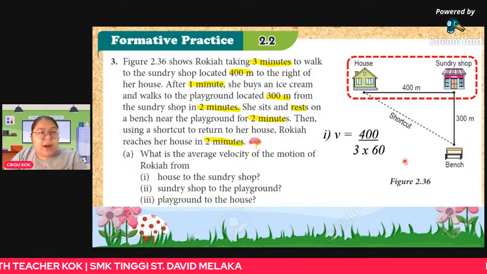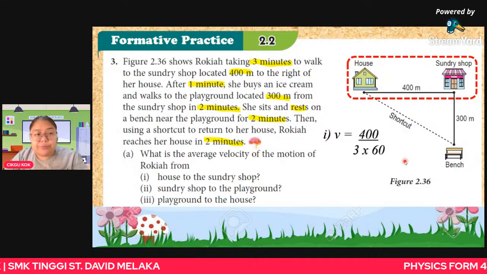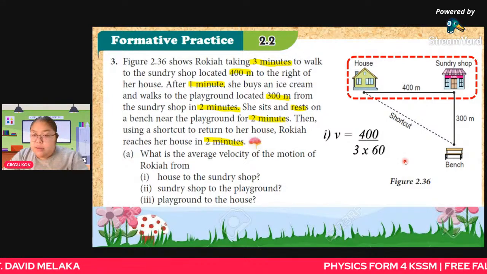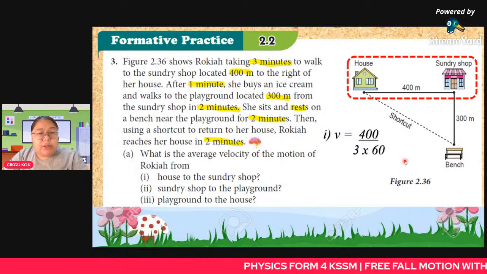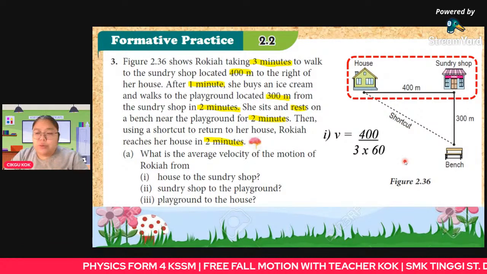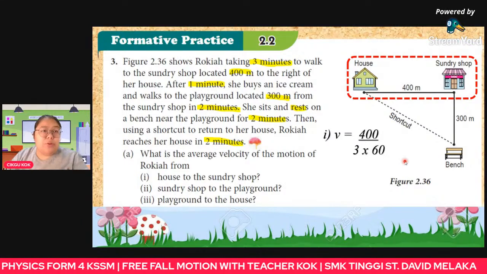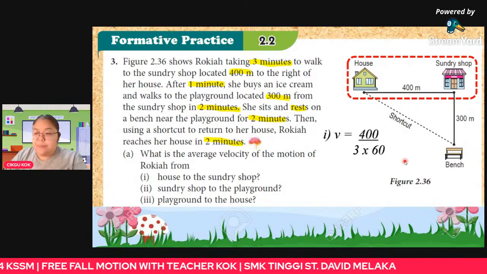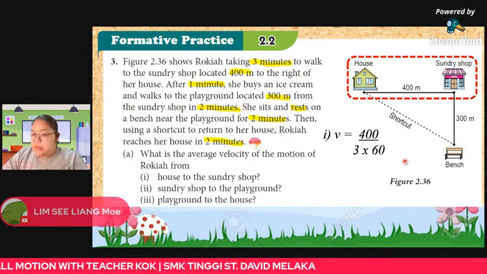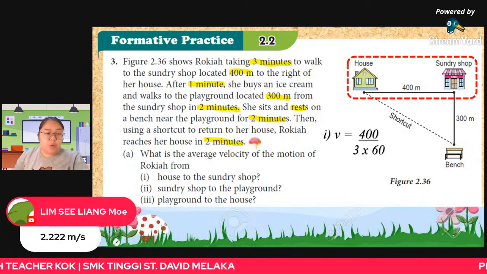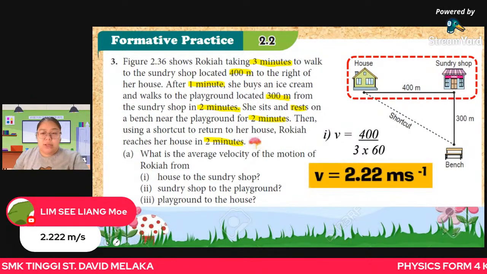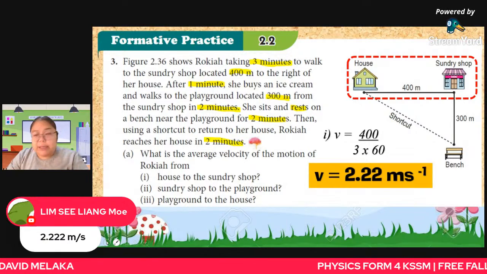Anybody can give me the answer? Okay, just calculate only. Lim Si Liang gives me 2.22 meters per second. So we show 2.22 m s negative 1.